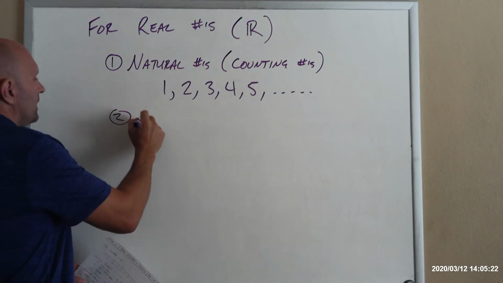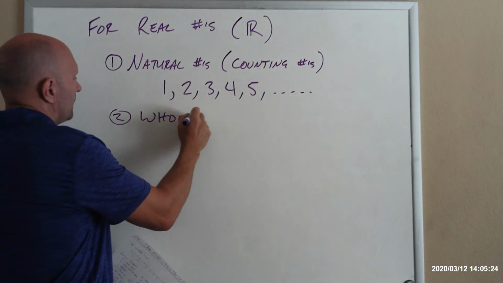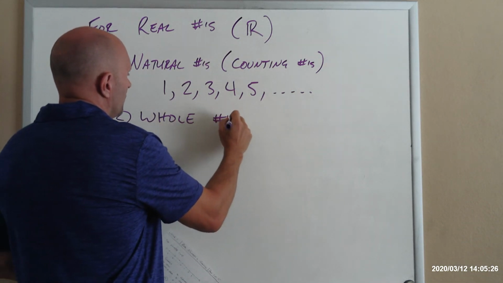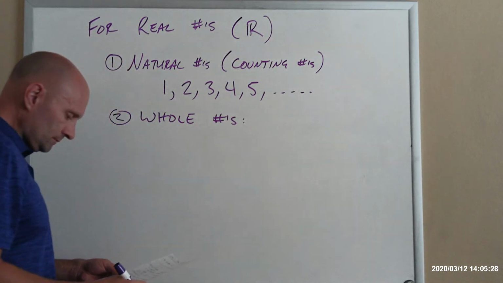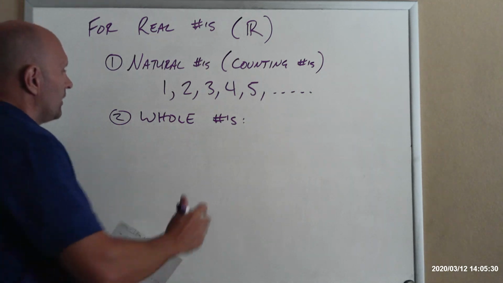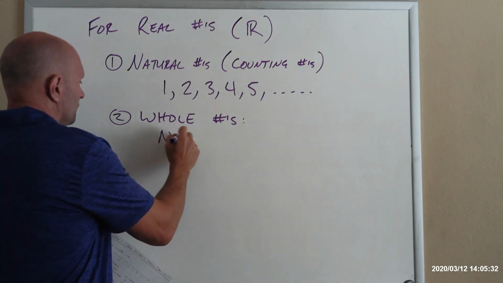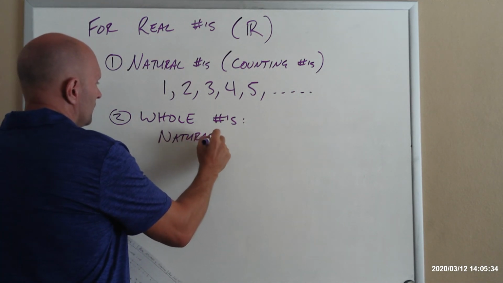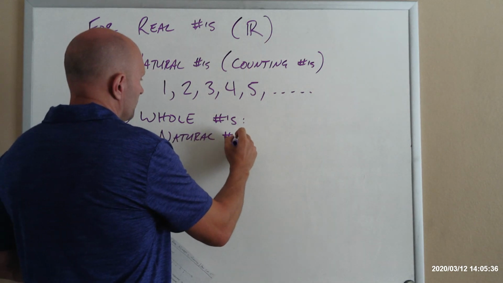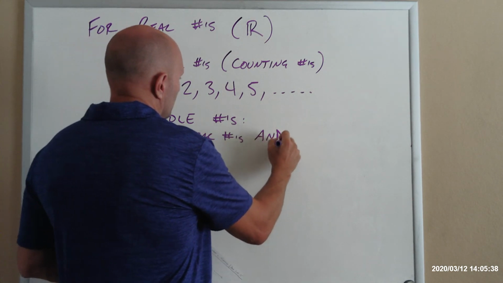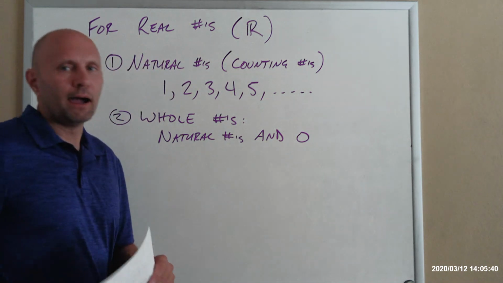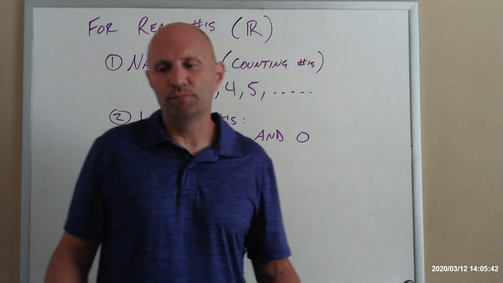The second type is what's known as whole numbers. And these are the natural numbers, so these are all going to build on themselves. So it's the natural numbers and 0. Now, I'll give you a heads up here.